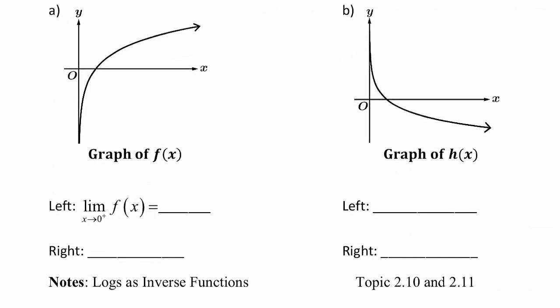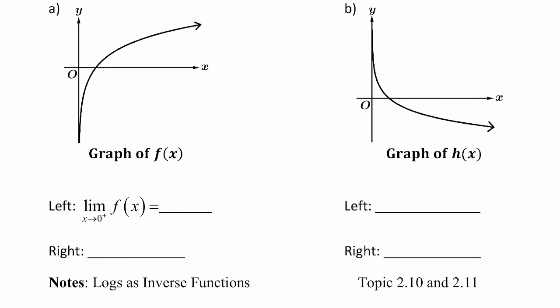For this particular graph, they already started off by writing the left limit statement. As x approaches 0 from the positive side, the function is going down towards negative infinity. The limit as x goes to infinity, f of x is going to positive infinity as well, at a pretty steady rate.